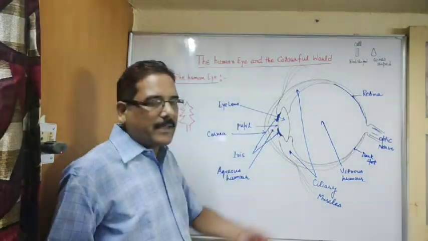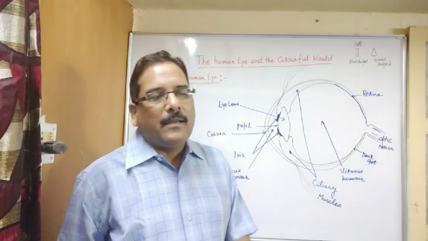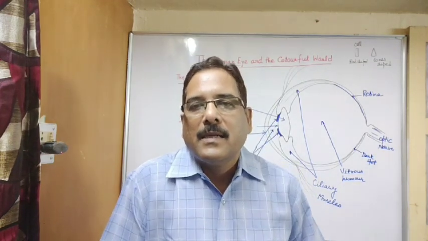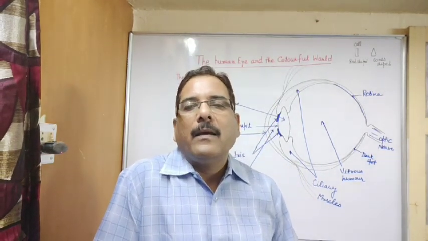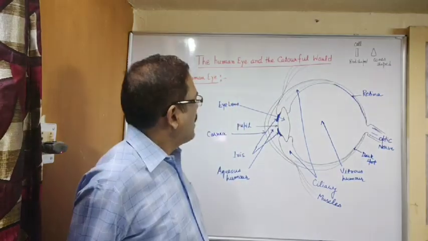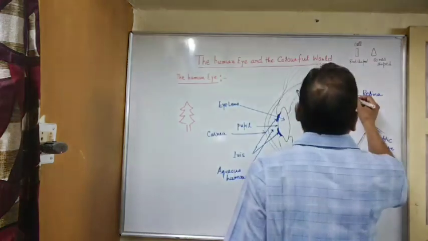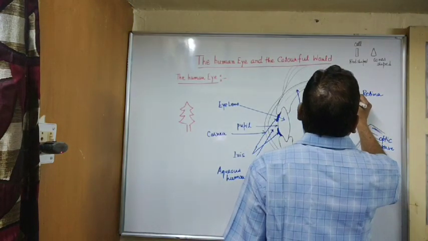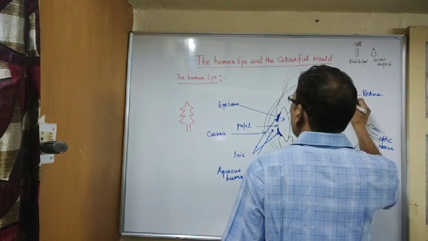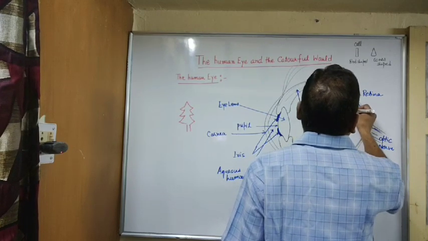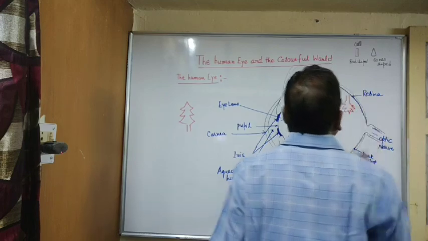So this is a convex lens, and we have seen that in a convex lens generally images are real and inverted. So an inverted image of this tree is formed here, on the retina, like this.